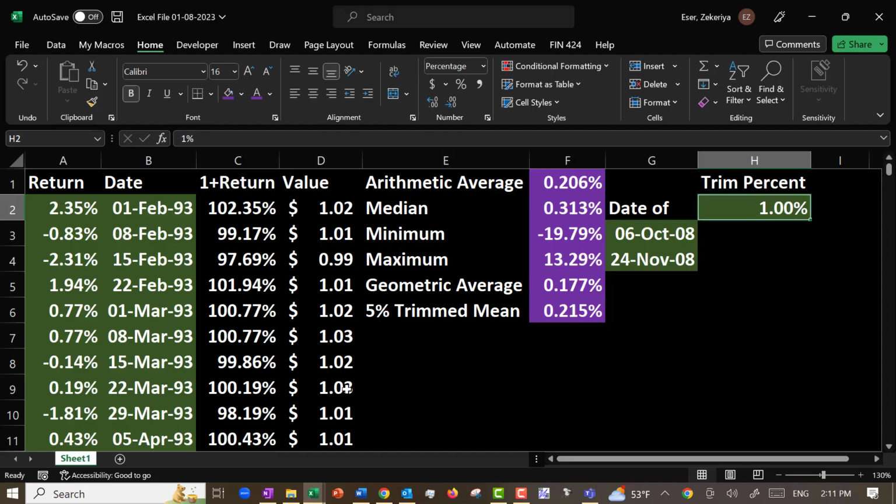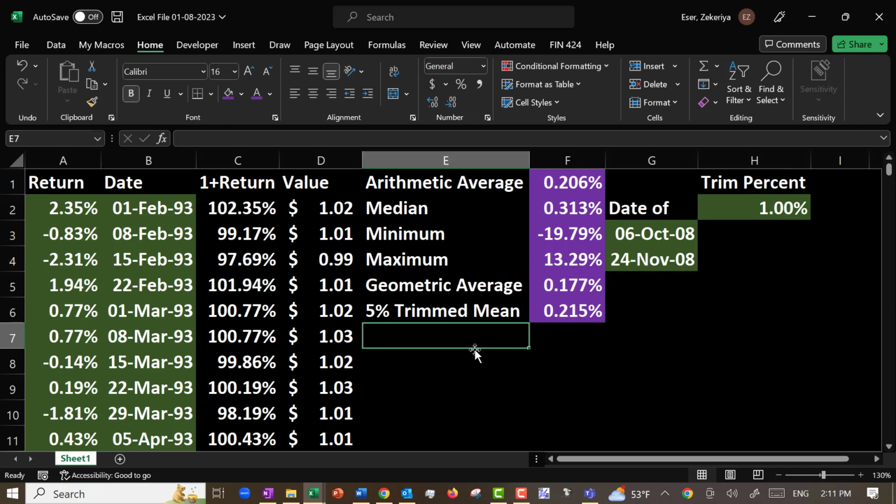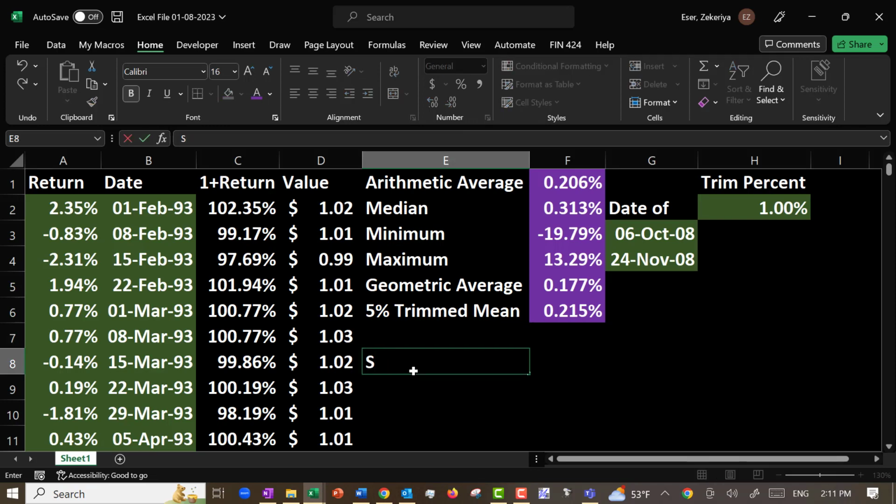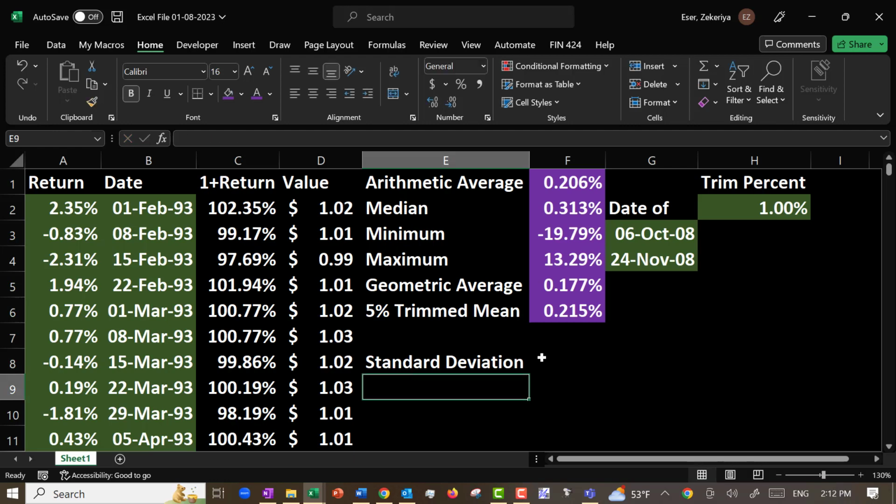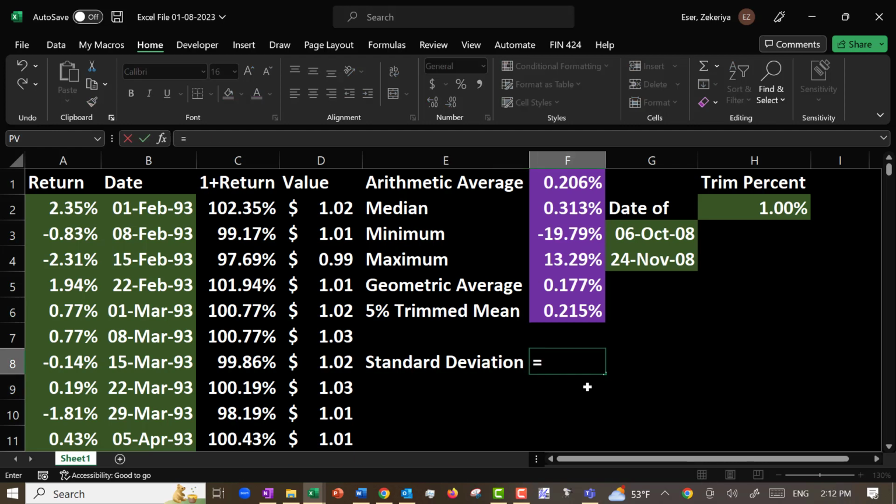Traditionally, what's most commonly used is standard deviation. First, I'm going to calculate it in Excel, and I'm going to show you the ugly formula for it.